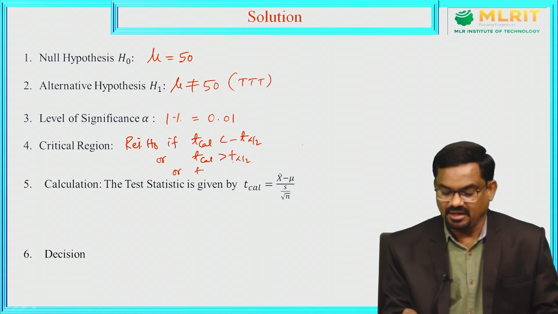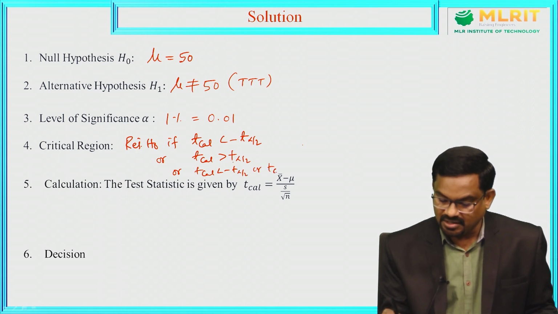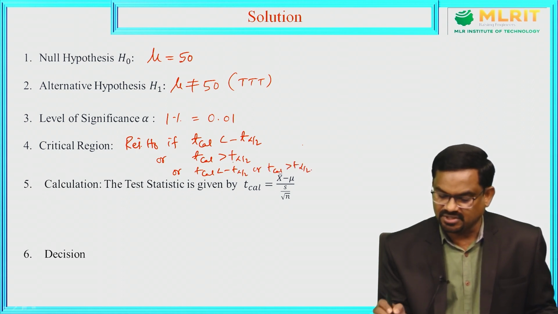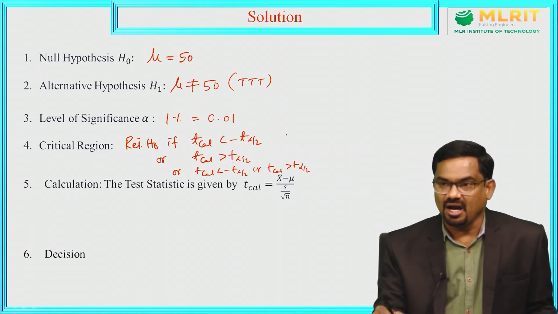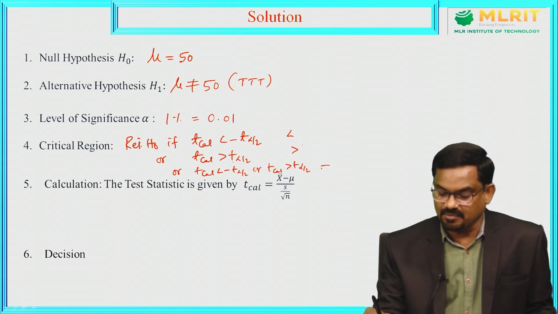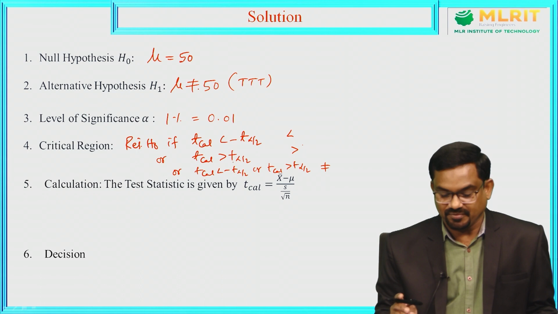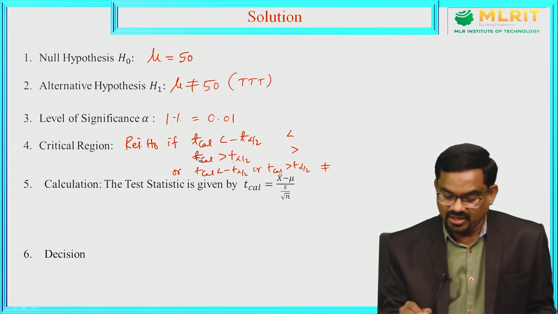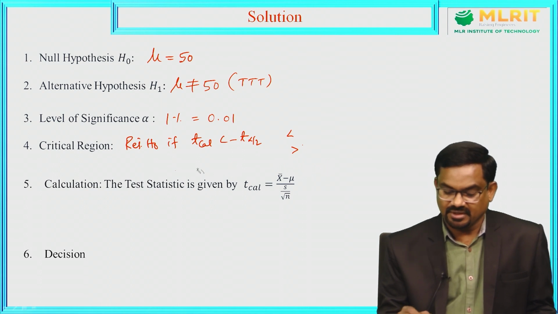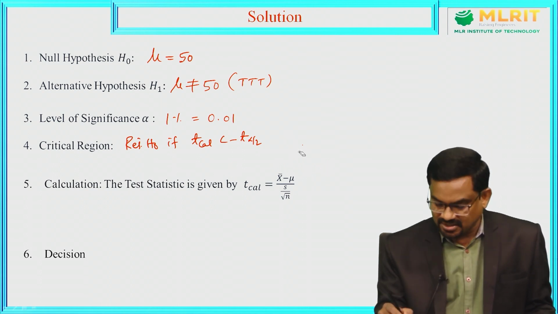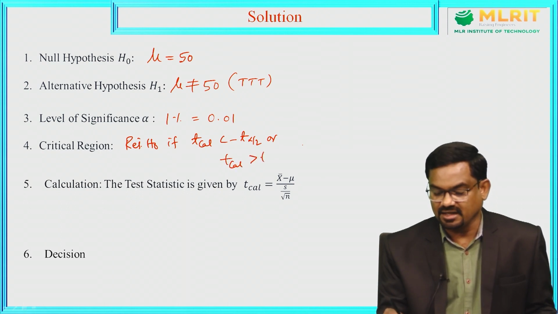These are the conditions to reject the null hypothesis for the less than type, greater than type and not equal to type alternatives. In the present problem, the alternative hypothesis is of not equal to type, so we consider the last condition: reject the null hypothesis if T calculated is less than minus T alpha by 2, or T calculated is greater than T alpha by 2.